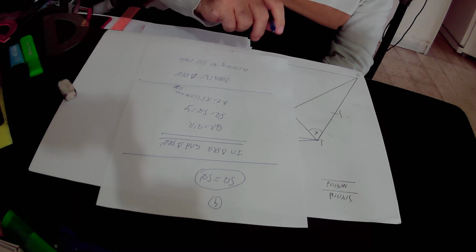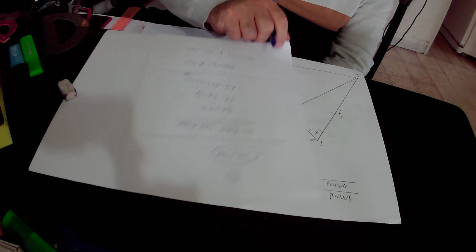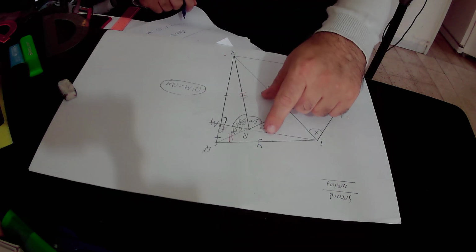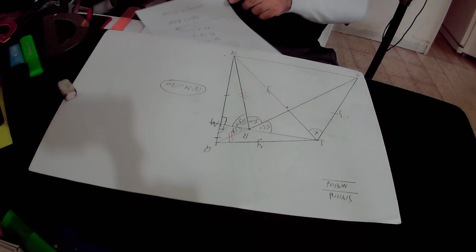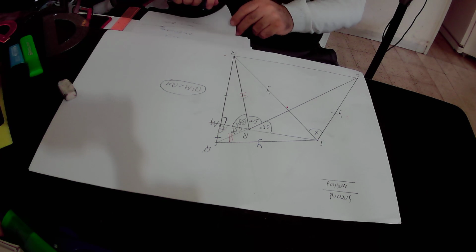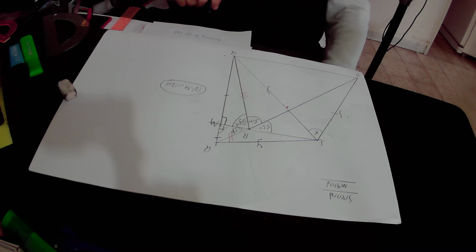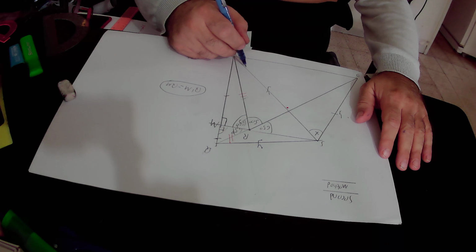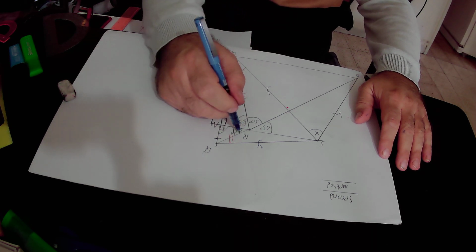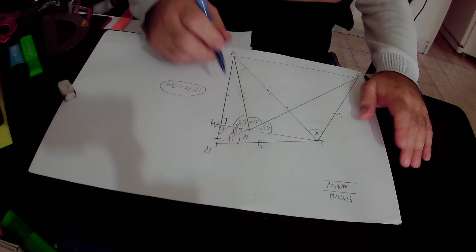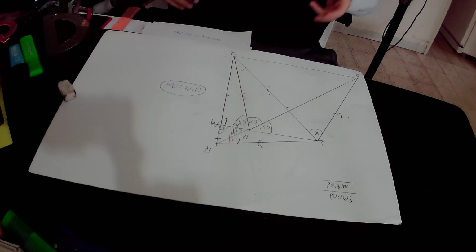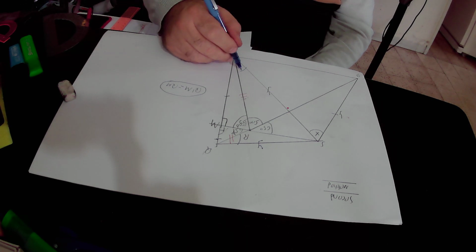Okay? So from the fact that those two triangles are congruent, we can conclude that those two angles are equal to each other, according to the rule that corresponding angles in congruent triangles are equal to each other. So write it down.